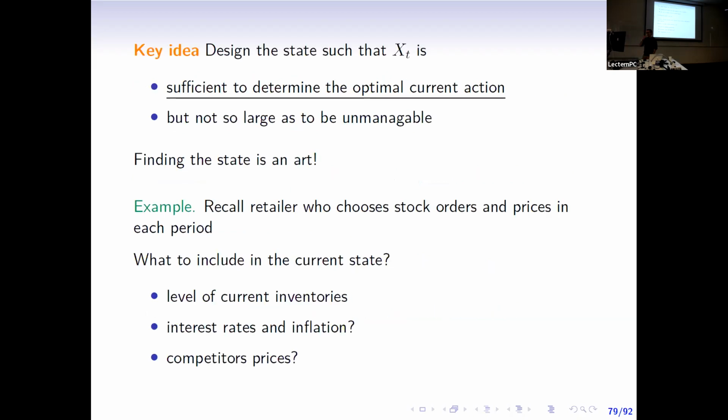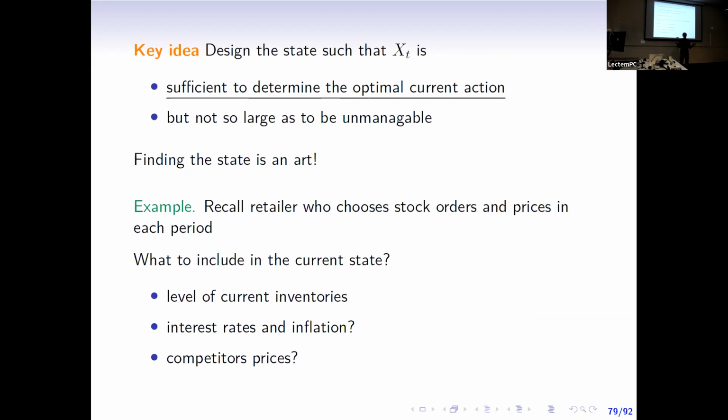We're going to assume that the model has been constructed so that when we make decisions, it's enough to know the current state. So what does that mean?